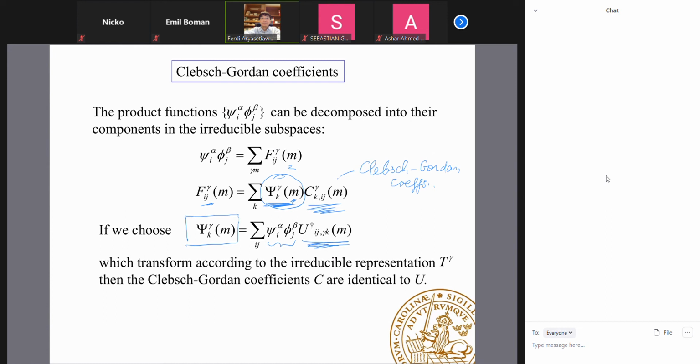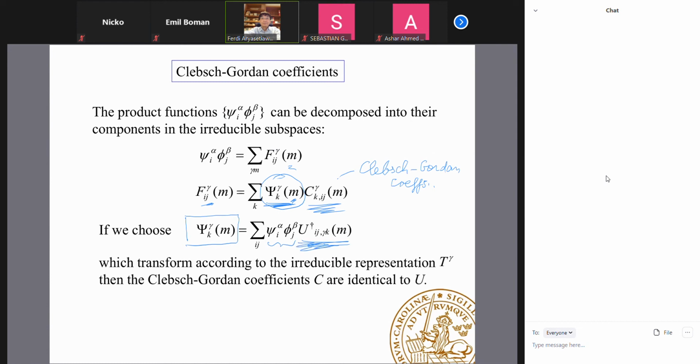So I've been looking at this from two different points of view. Before, we looked at it from the matrix itself, from the representations, and we looked for a unitary matrix that transforms the matrix into a block form, so that is the U matrix.